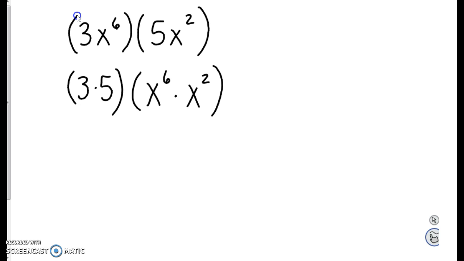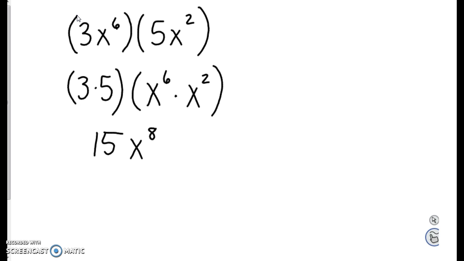And now we can simplify. 3 times 5 is 15. And now we're going to use our product of powers to say x to the power of 6 times x to the power of 2, we're going to add those two exponents together to get x to the power of 8.